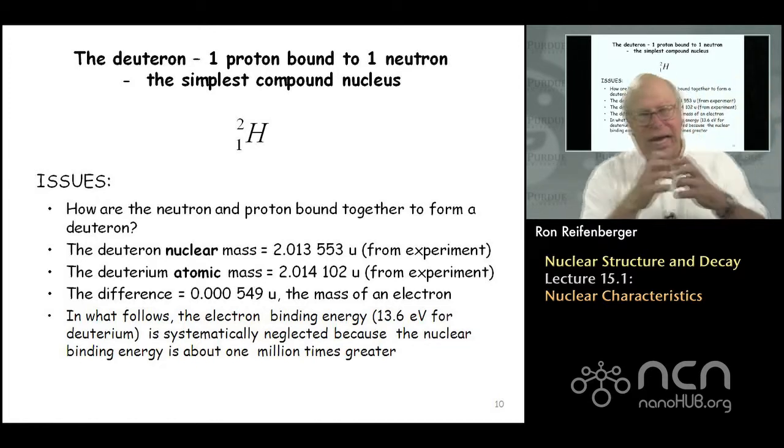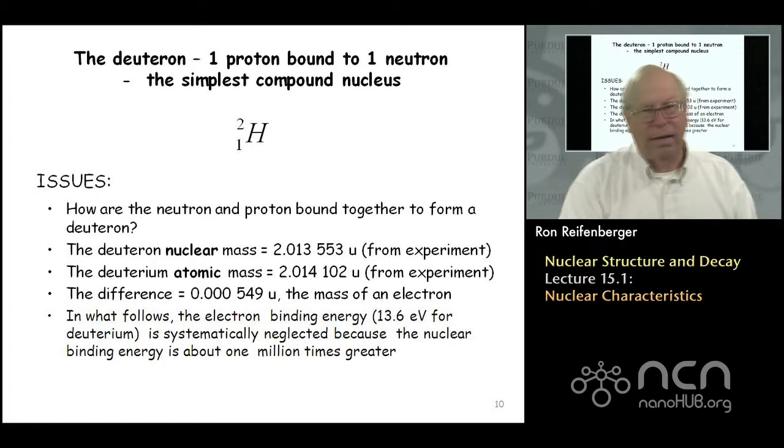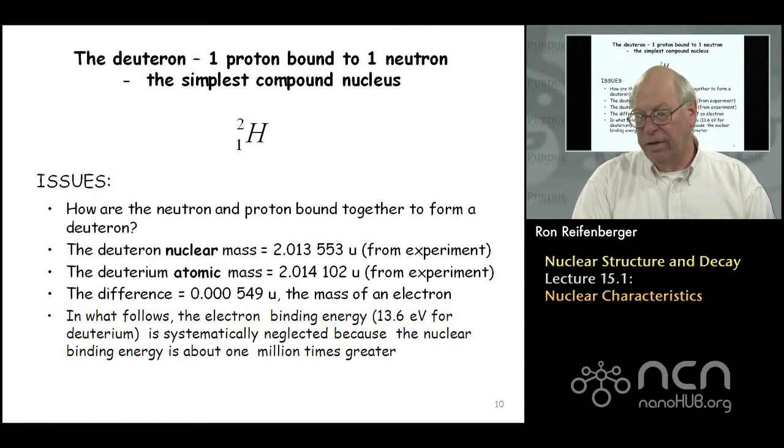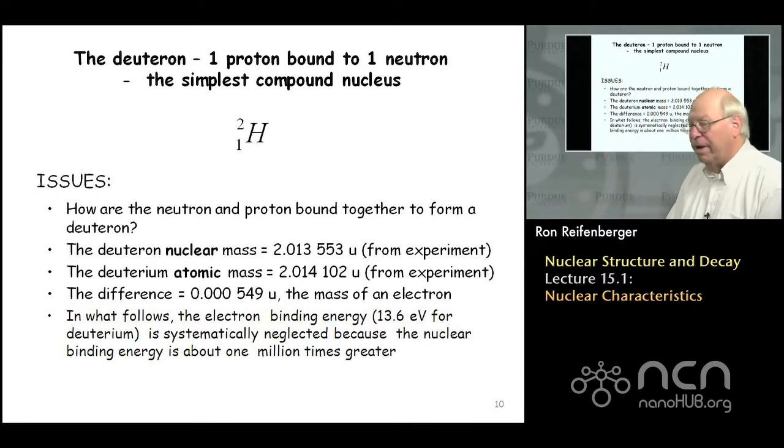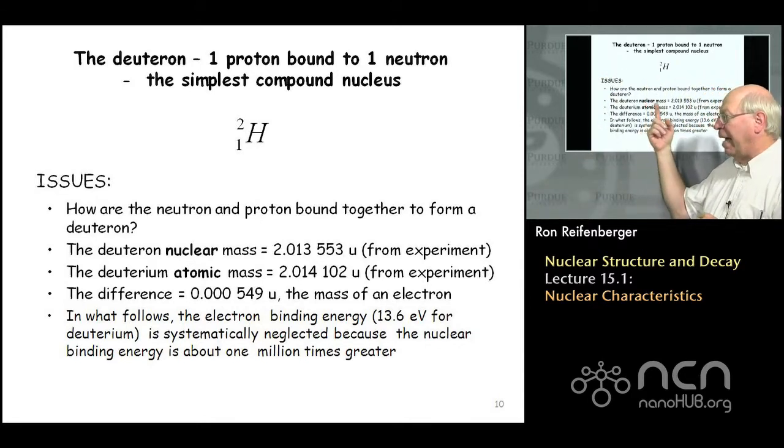And the question is, how tightly is that neutron bound to the proton to form this deuteron nucleus? Well, it's a very interesting story because you can measure the deuteron nuclear mass quite accurately.